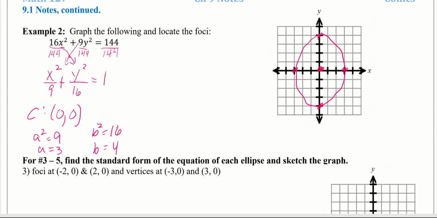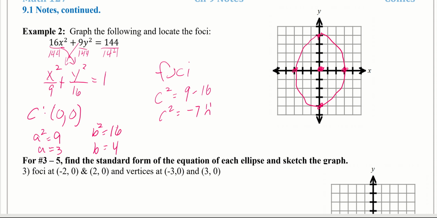Okay, then to find our foci here, we do the same idea, but we're going to do c squared is equal to, we would want to do 9 minus 16, but that's going to give us a negative number, right? And so we definitely don't want an imaginary foci here. So this is where I talked about at the beginning of class.